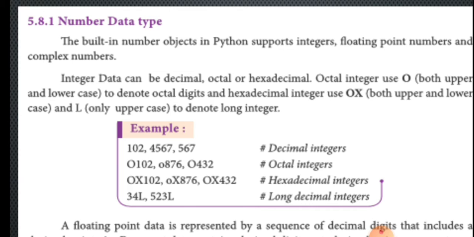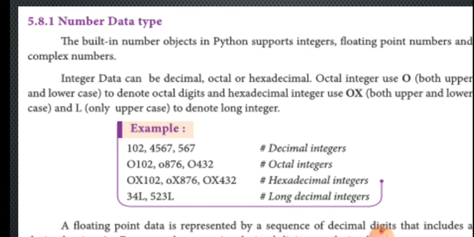Octal integers use uppercase O or lowercase o. The letter O is used to identify octal integer values, and then you write your numbers. Then hexadecimal integers use 0X.